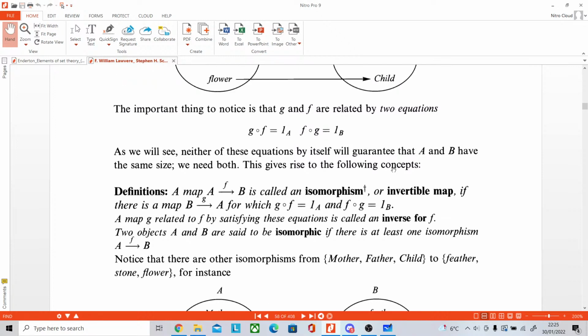So we say that a map is an isomorphism if the inverse of it is also a map. It succeeds in becoming a map, then we call it an isomorphism. So I guess that's what it means.